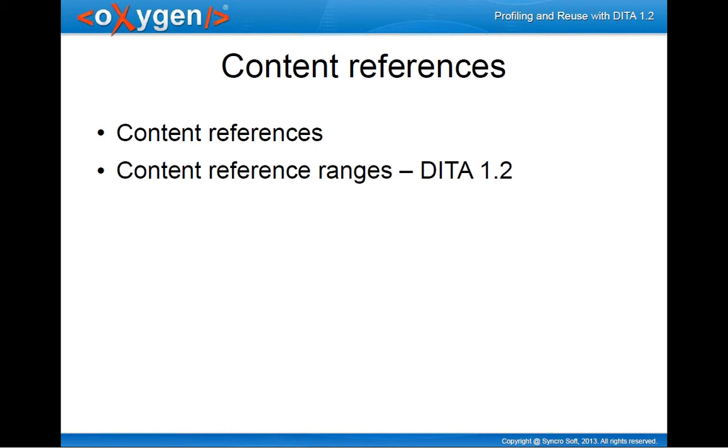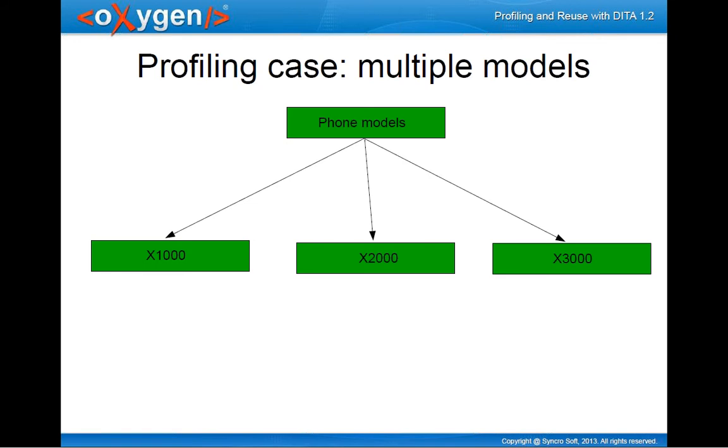Moving forward, I'm actually writing a user guide for a couple of phone models. Let's say we have the X1000 model, X2000 and X3000 model. And there is bound to be some changes in the content for each of these models.